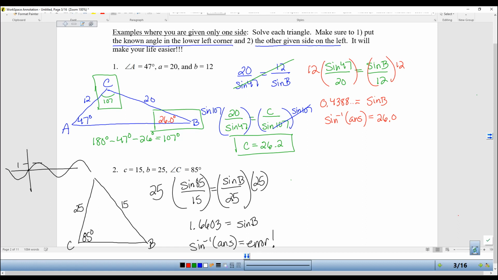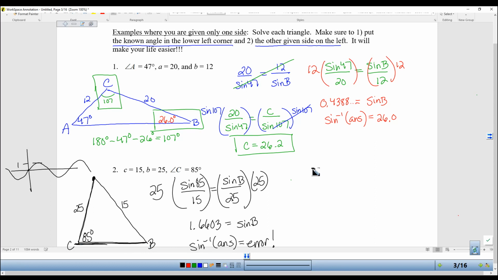You didn't. It's just that if this is 85 degrees and this is 25, there's no way that this is 15. It's just not possible. If you're standing here and you decide to walk to this street over here and this distance is 25, you can't walk this way and suddenly have it be 15.